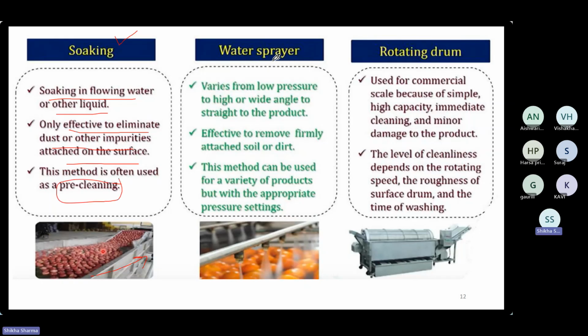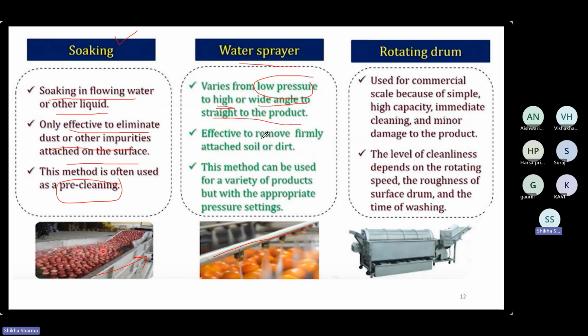Second method is water sprayer. In this, low pressure to high pressure is used. So this kind of sprayers are there, which are going to clean the fruit. They can have high pressure water or low pressure water, or can be at any angle, like wide angle or straight angle to the product.